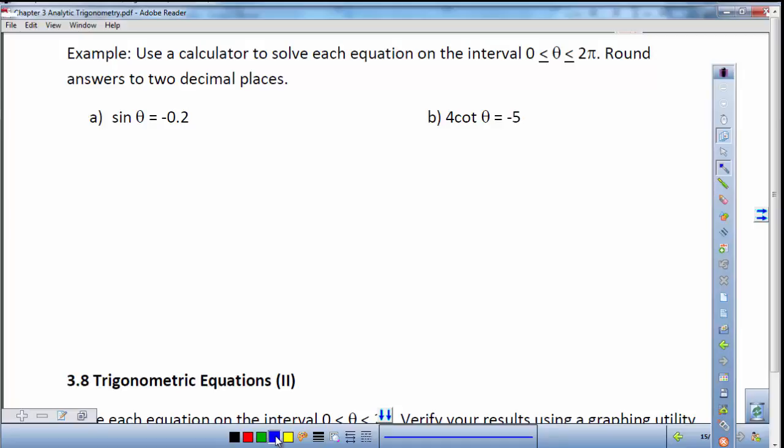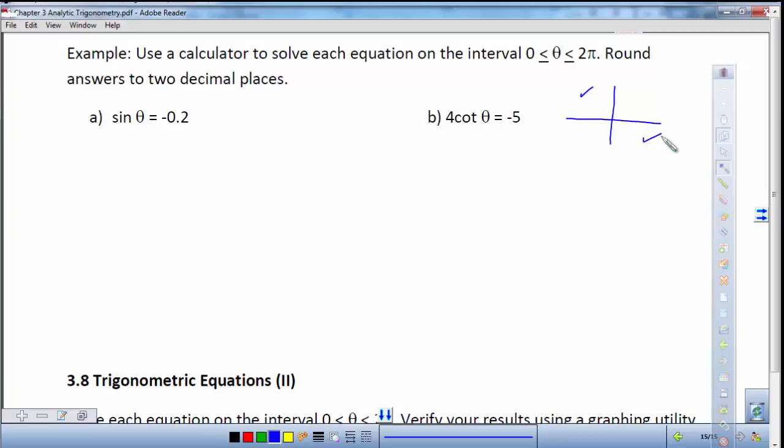In which quadrants will we have our solutions? 2 and 4. Does everybody understand why we said 2 and 4? Cotangent is negative in 2 and 4. So I'm going to think about that first.